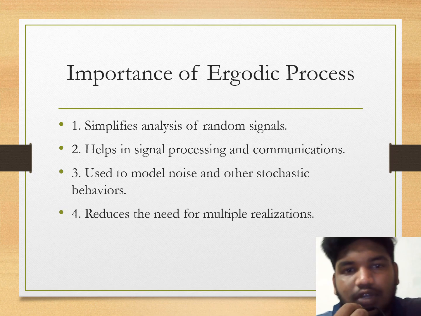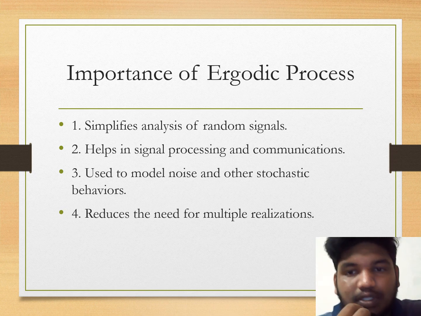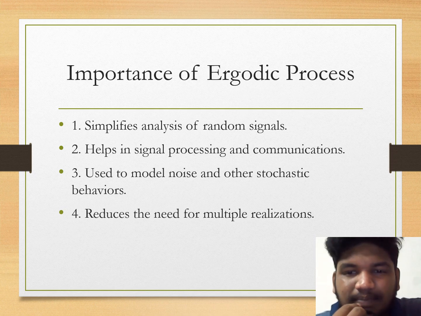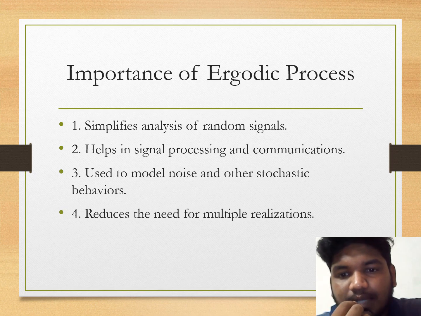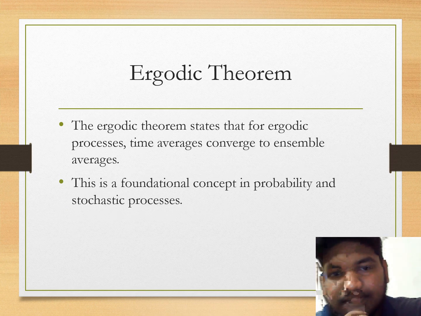Importance of the ergodic process: it simplifies the analysis of a random signal, helps in signal processing and communication systems, and reduces the need for multiple realizations. Before, I took the example of a fan in a room and used it to model noise or other stochastic process behaviors.